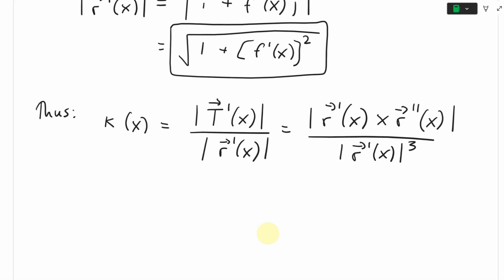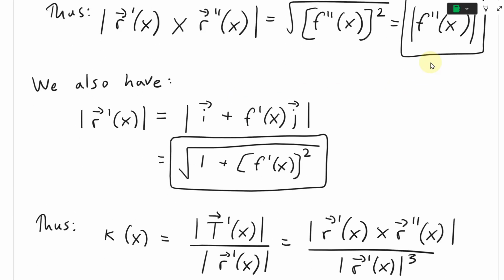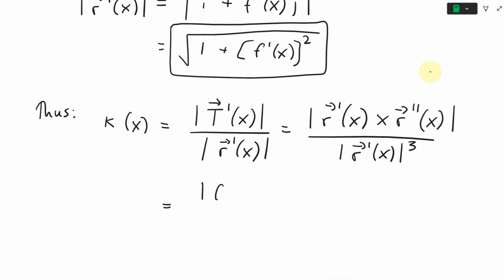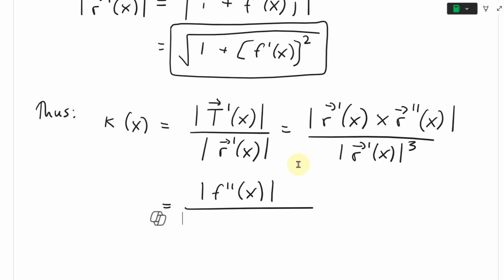So in our case, we're taking this part right here, and that's going to be the absolute value of f double prime of x, so we get the positive value, divided by, and now this is squared, square root, but then to the power of cube. This whole thing is going to be to the power of 3 over 2.